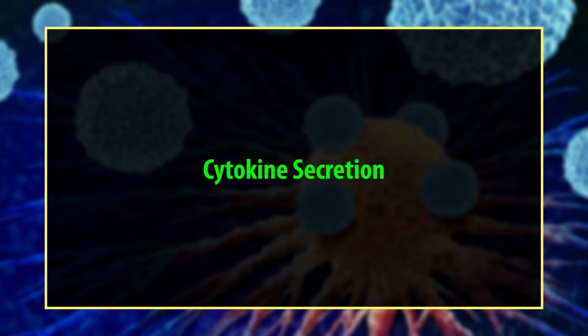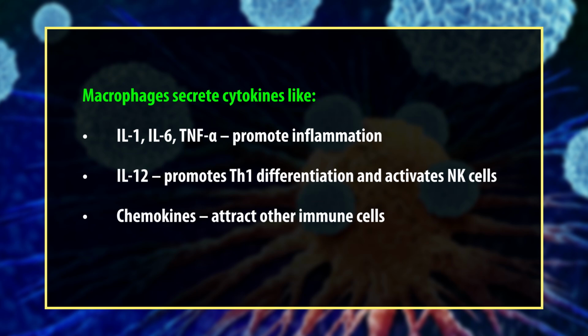Cytokine secretion upon activation: macrophages secrete cytokines like interleukin 1, 6, and TNF alpha, which promote inflammation. Interleukin 12 promotes Th1 differentiation and activates NK cells. Chemokines attract other immune cells. Tissue repair: macrophages also help resolve the inflammation and promote tissue remodeling and repair after infection is cleared.